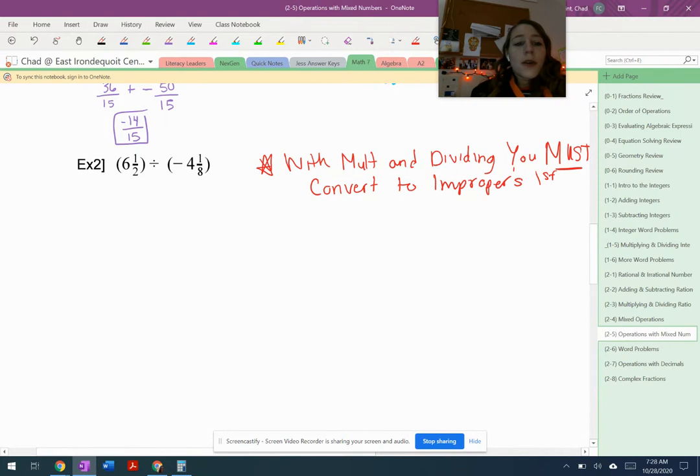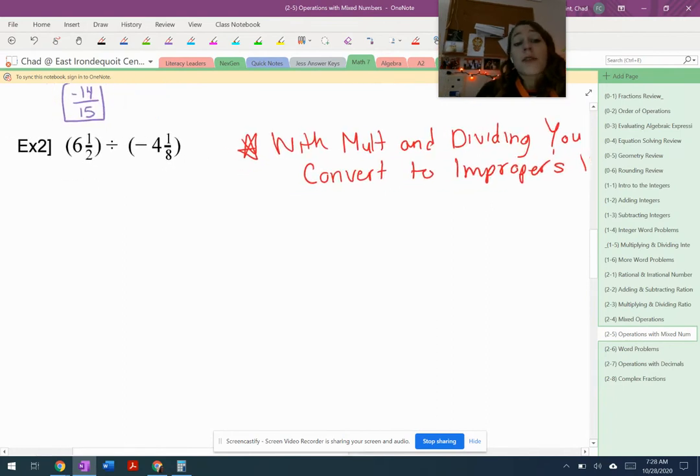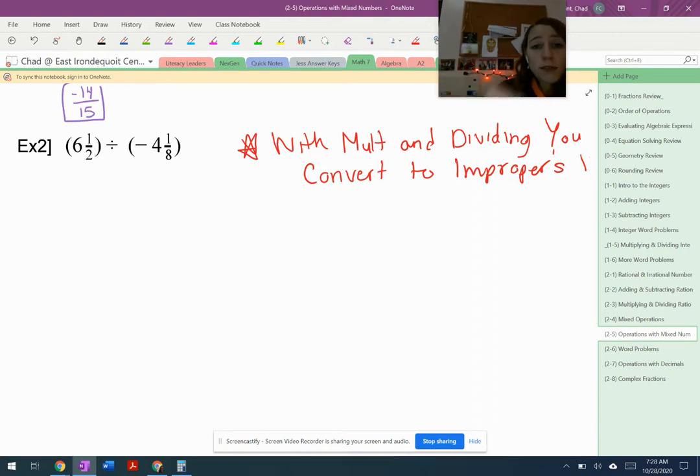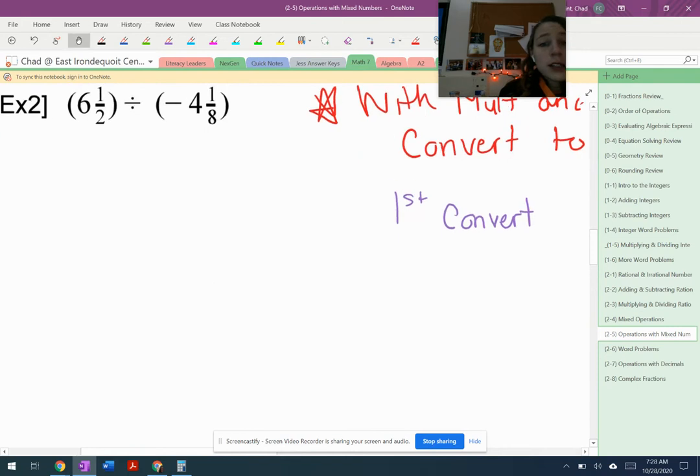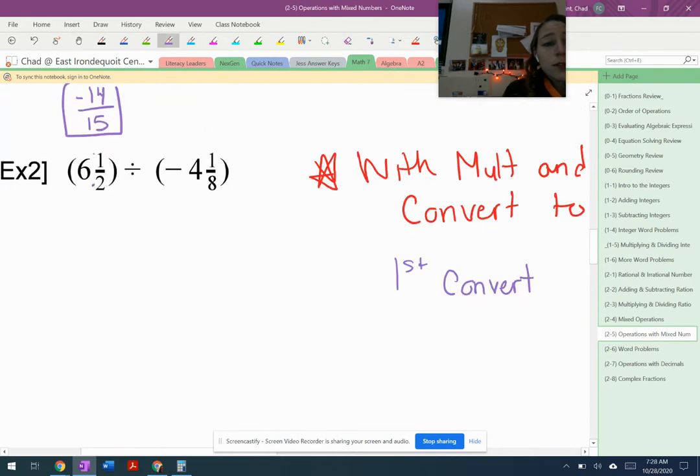Okay, so here we go. Example 2. We have actually division going on with those mixed numbers. So that's something we're going to have to talk about. But first, like we said, convert to impropers. So 6 times 2 is 12, plus 1 is 13 over 2, divided by 8 times 4 is 32, plus 1 is 33 over 8.